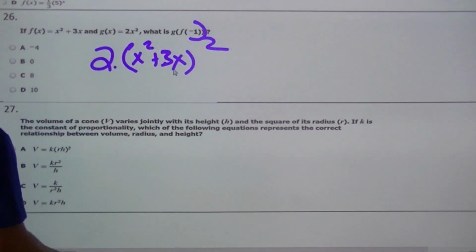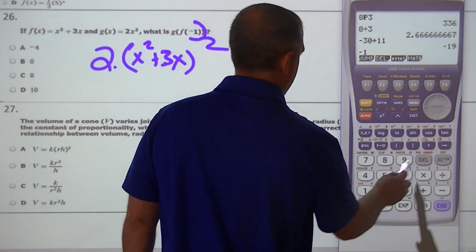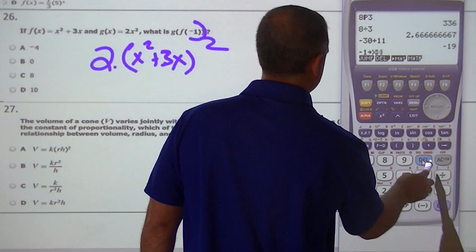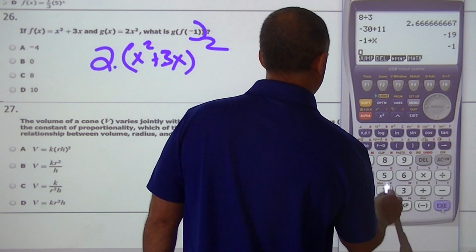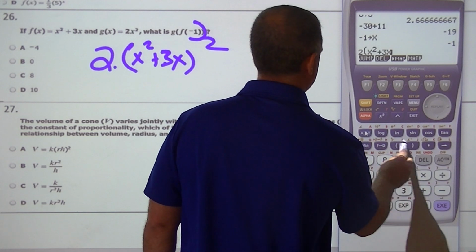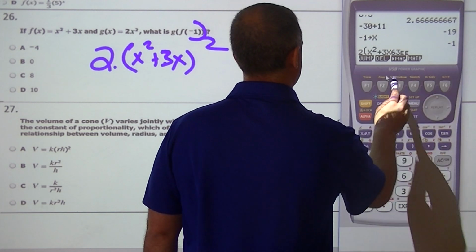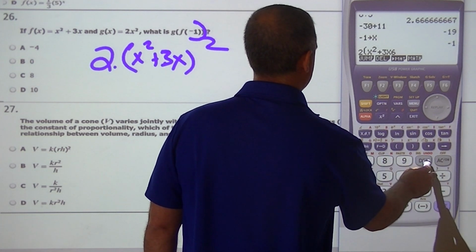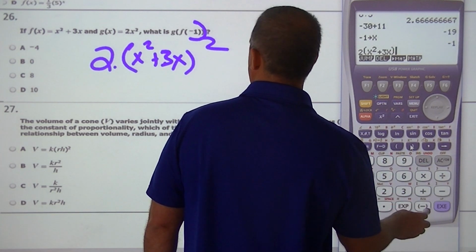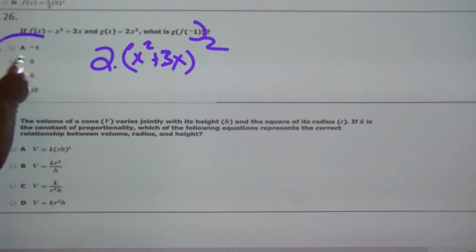Since it has a negative 1, I'm putting negative 1, arrow for x, and I'm typing in 2 parentheses, x squared plus 3x. Whoops. And I get an answer of negative 4, which is A.